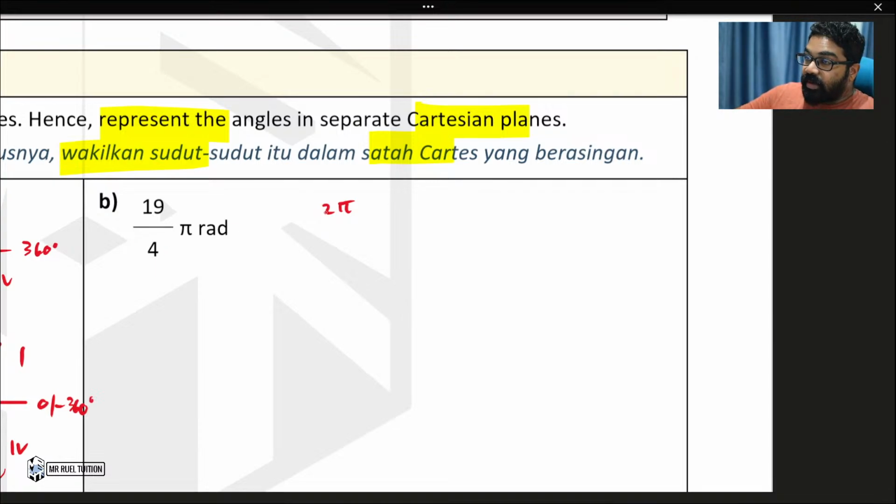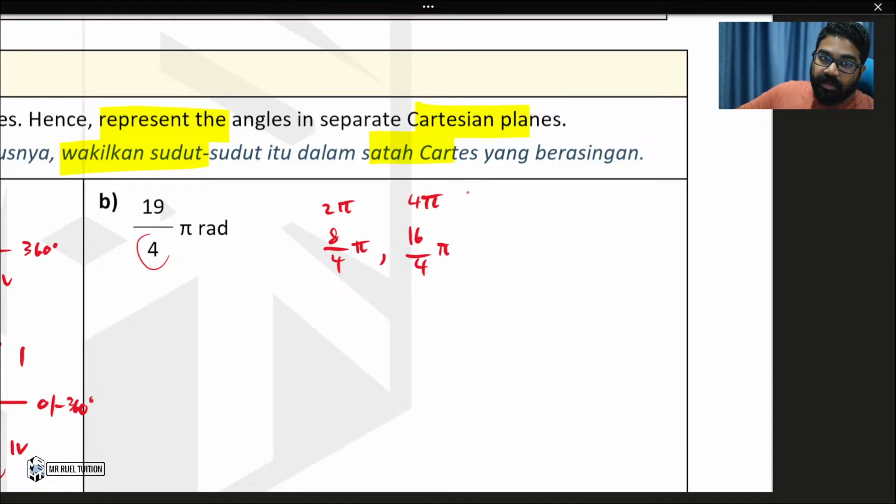Times 4 lah. Darab 4 kan? 2 pi ialah 8/4 pi. So, the next one will be what? Kalau 4 pi, 4 pi will be? Apa pecahan dia? What's the fraction? You just times the denominator. Darab penyebut. So, 4 times 4, 16/4 pi.